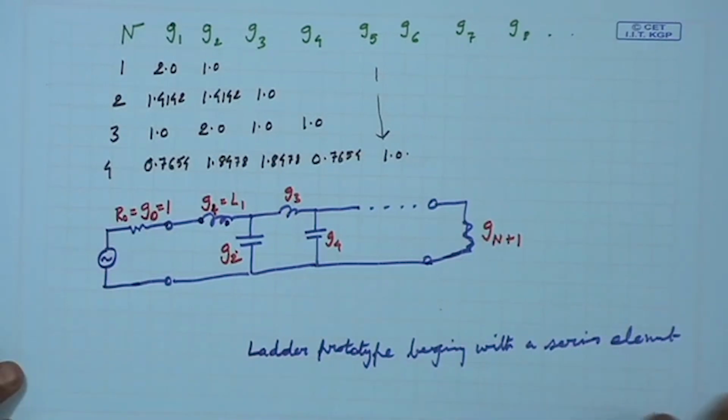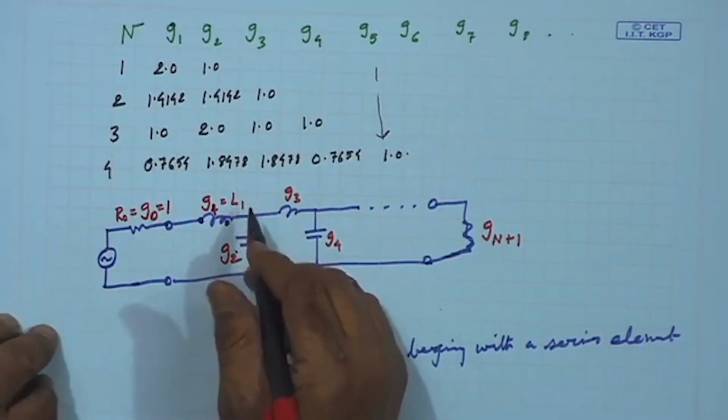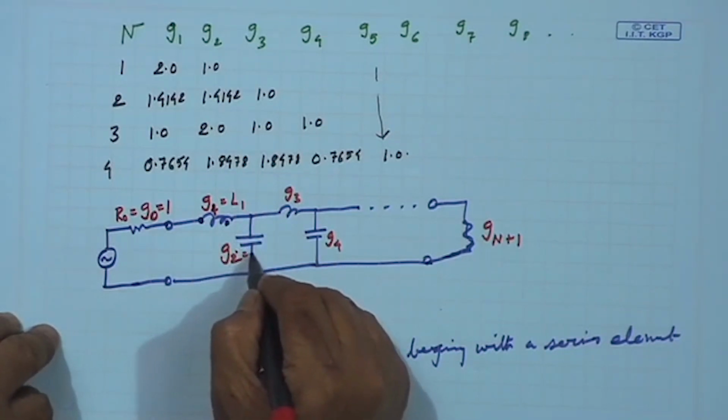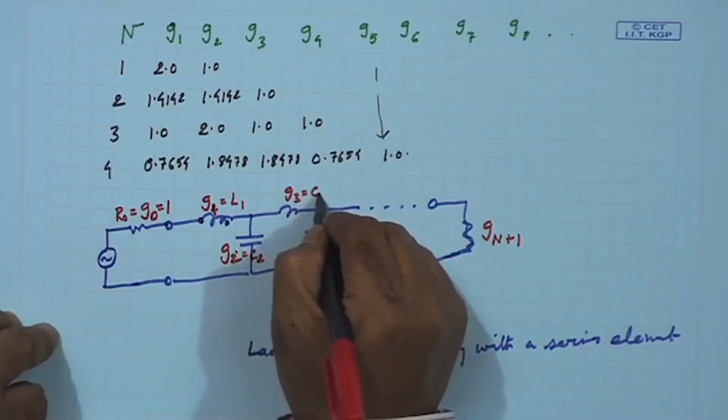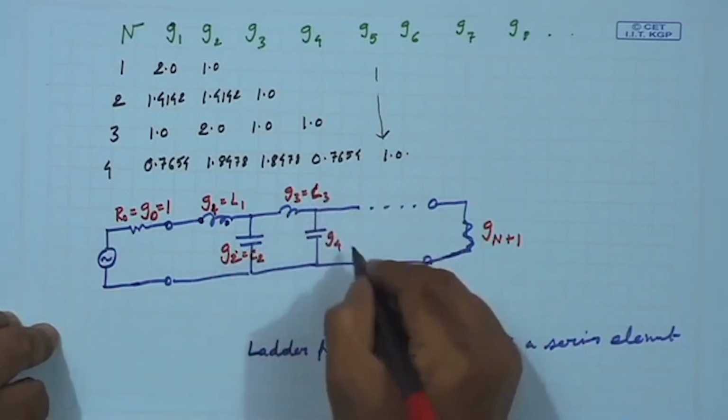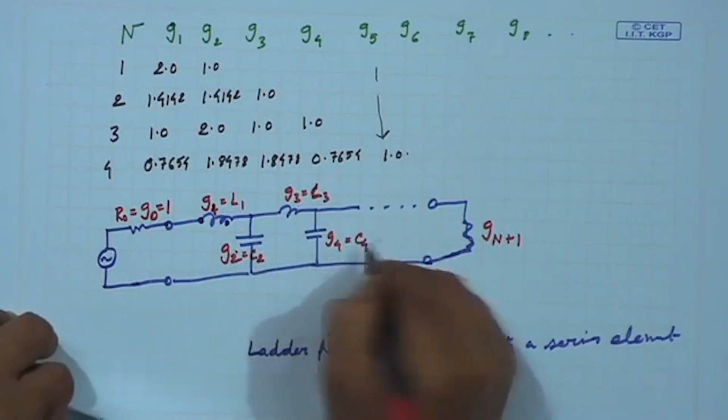So, this is ladder prototype beginning with a series element. So, you see that this is your L1. Now, this you can call C2, this is your L3, this is your C4, like that.